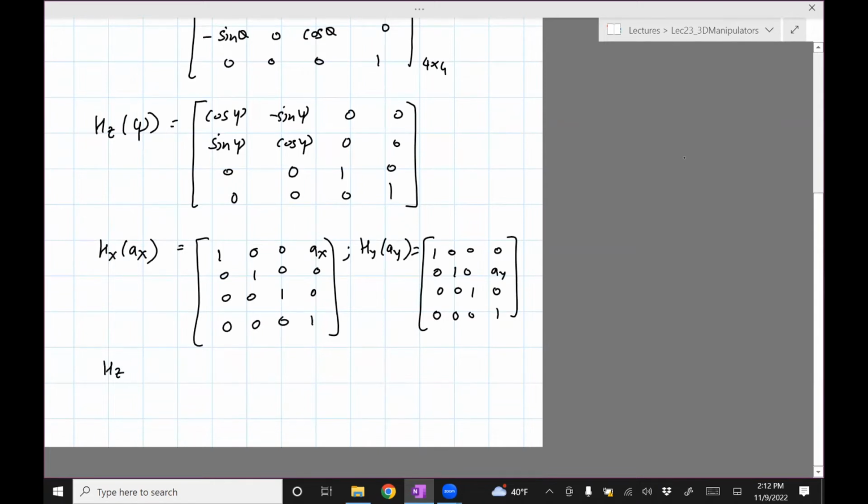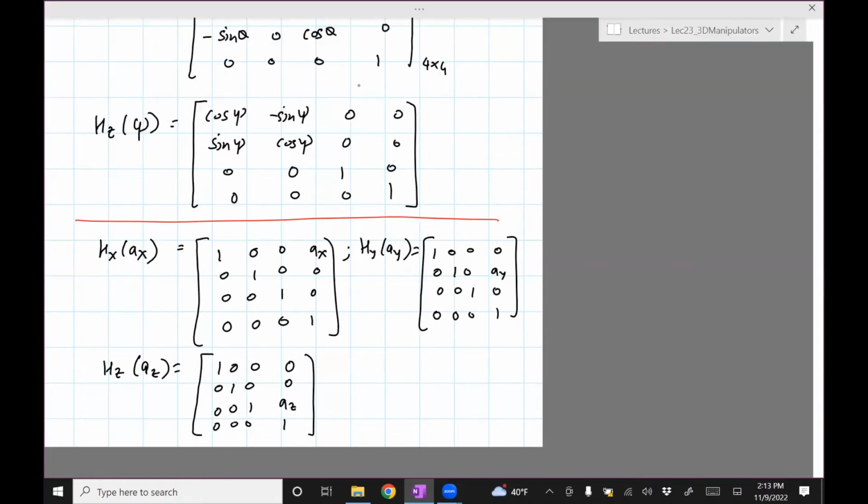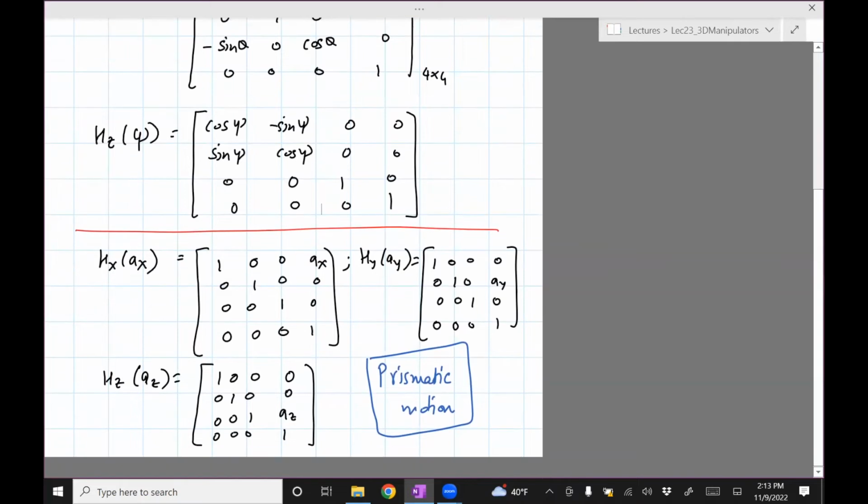And then we can write hz. This is all prismatic. This is revolute.